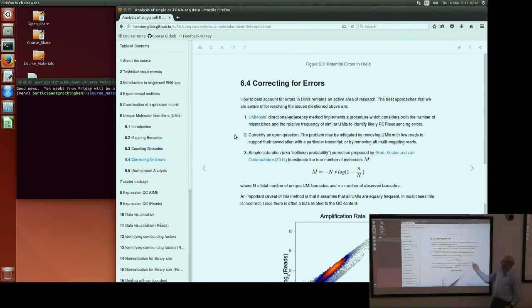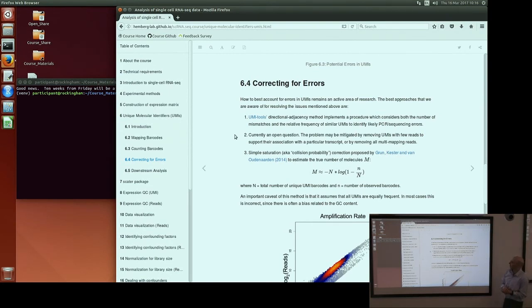For example, this one by Green et al., where they use a very simple idea of the collision probability, where they try to estimate the probability that multiple molecules would get the same barcode.